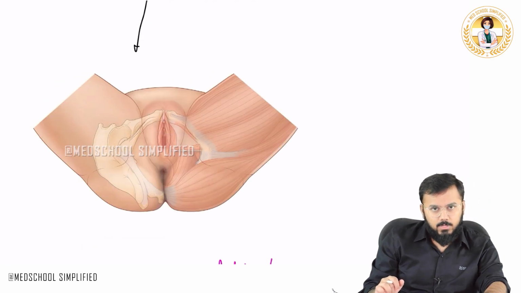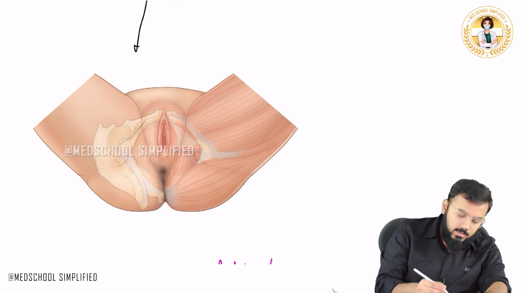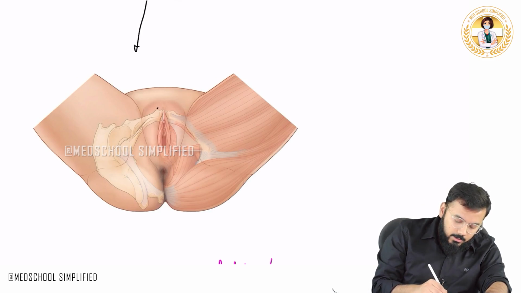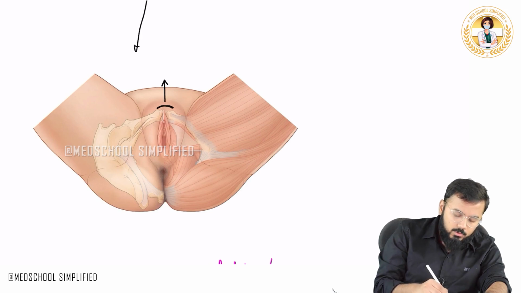If you look at this particular picture, what structures can you see? The first important structure is this bone which I am highlighting here, called the pubic symphysis.